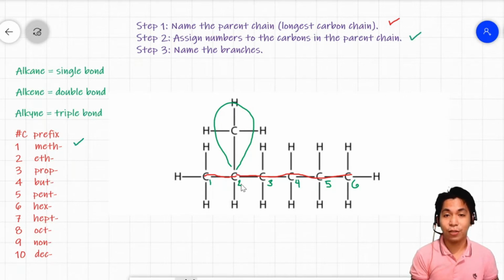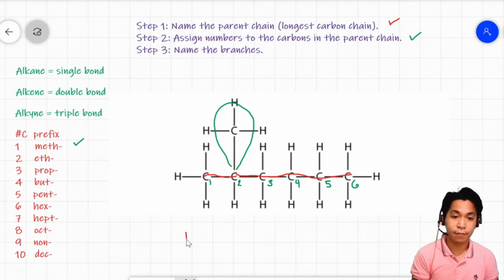To name a branch, you just need to follow three simple steps. Step number 1, identify how many carbon atoms are in the branch. Our branch here has only one carbon atom, therefore we will use the prefix meth. Step number 2, simply add the suffix yl, which is solely used for branches.